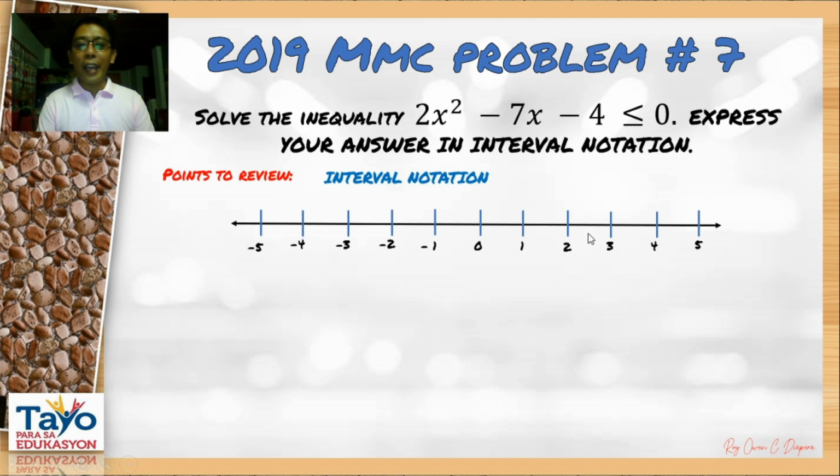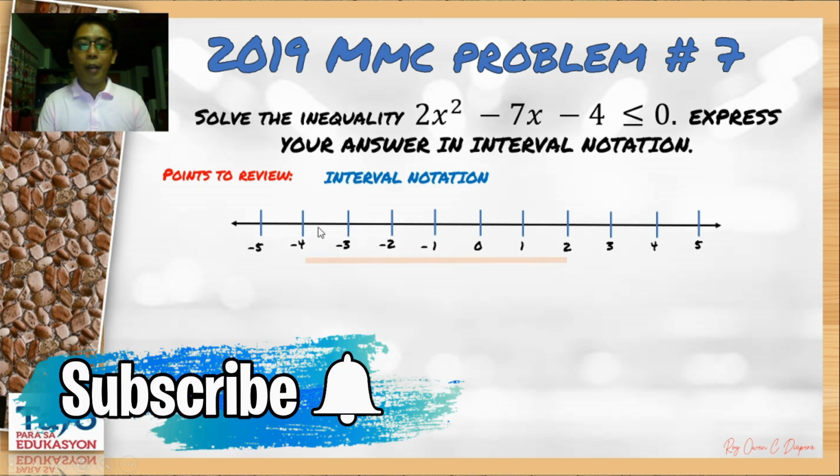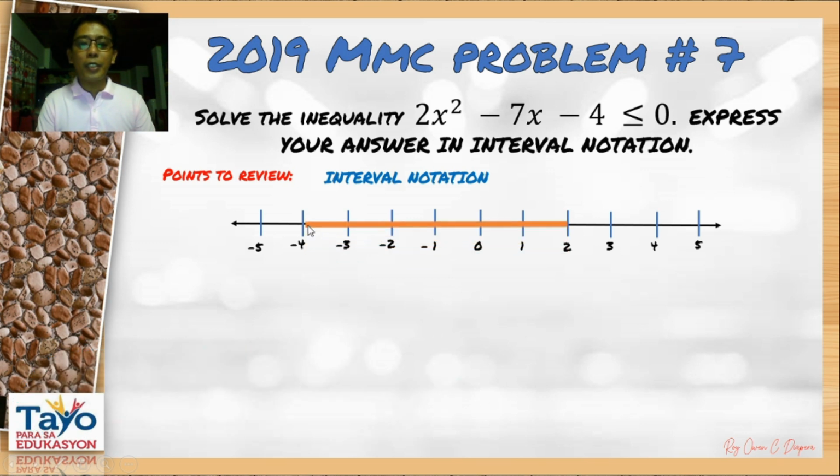Now, in the number line, halimbawa po, I will be talking only about the points in between negative 4 and 2. So I have to decide if negative 4 and 2 is included. So I'll make use of a shaded point. Meaning to say, this negative 4 and positive 2 is included sa pag-uusapan natin.